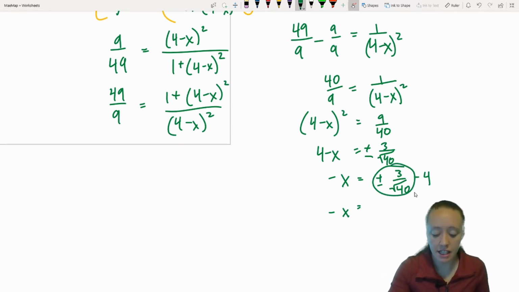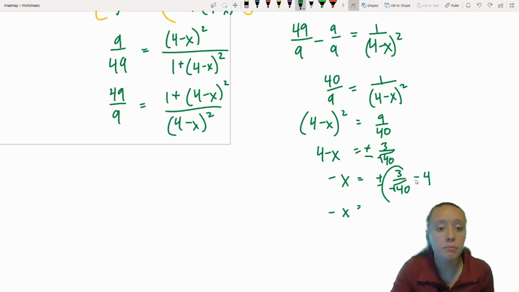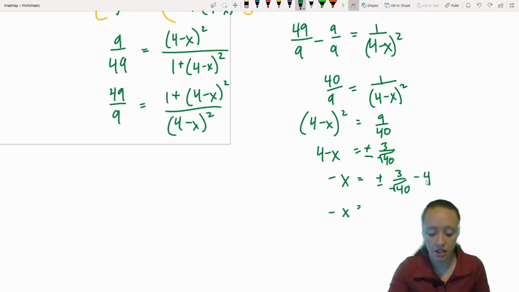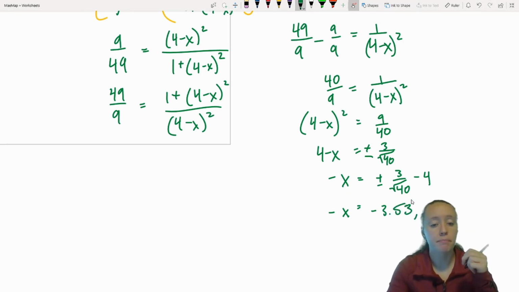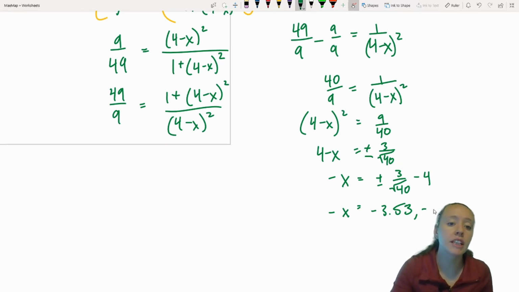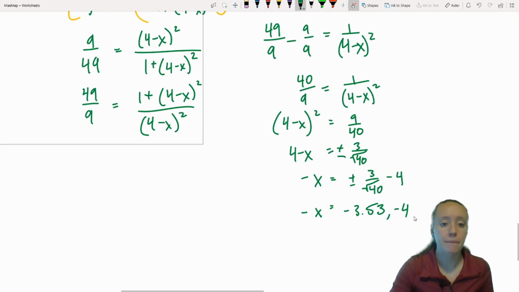So when I do this out, if I take the positive, this comes out to be about 0.47. If I take positive 0.47 and subtract 4, I'm going to get a negative 3.53, and if I take that negative 0.47 and subtract 4, I'm going to get a negative 4.47.